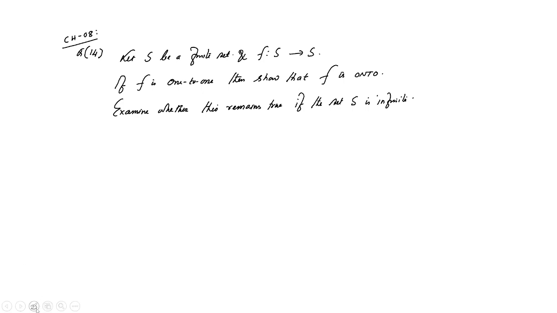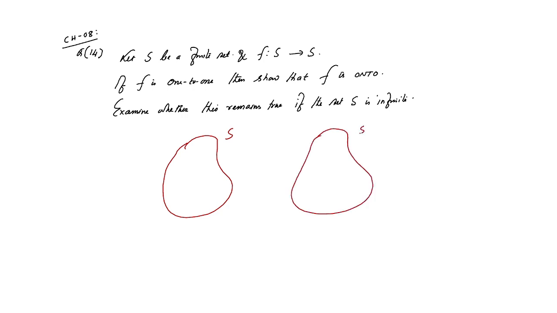It is valid only if S is a finite set and f is a map from S to S. So f is an injective map from a finite set to itself. This is your S and this is your S again. The number of elements in S is say n, and this is finite, and obviously the cardinality of the set is also finite. And f is a map that is injective, so 1 to 1, this is given.